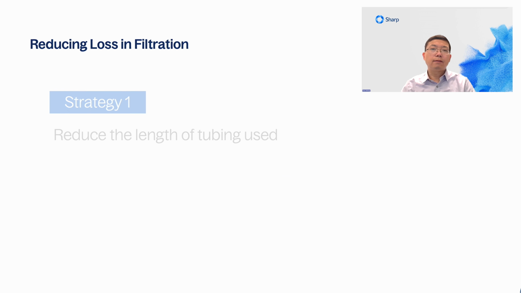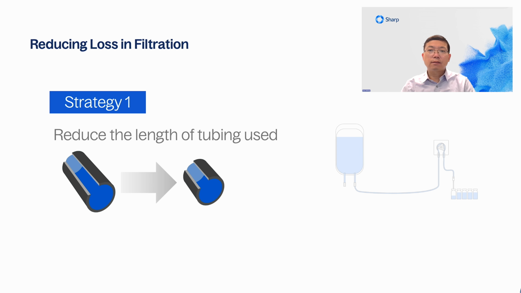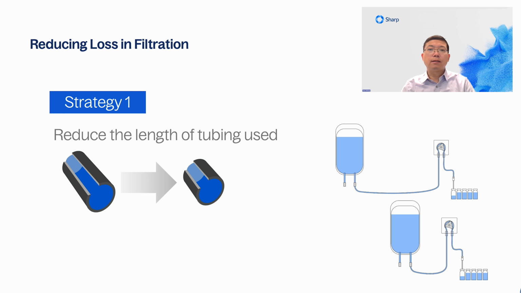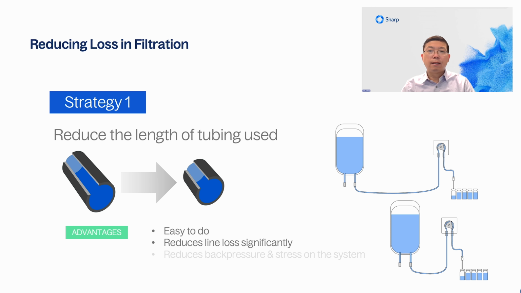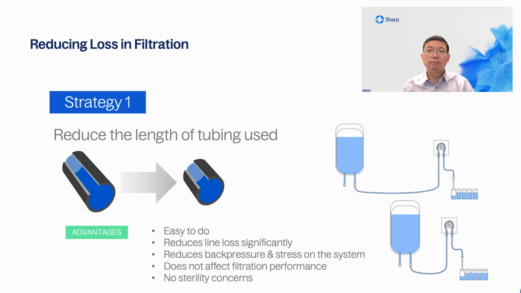First, you can reduce the length of tubing used in sterile filtration. This is the best mitigation strategy because it will cut down line losses significantly, and it does not add any additional stress on the filtration time and quality.